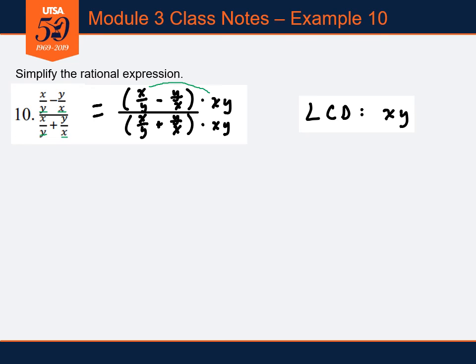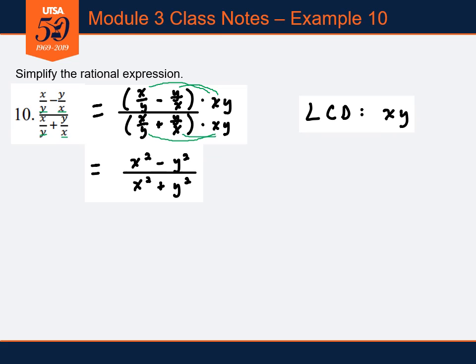Multiplying here cancels the y in the denominator and leaves me with x squared. Multiplying here cancels the x in the denominator and leaves me with y times y, y squared. Similarly, here we cancel the y and x times x is x squared.